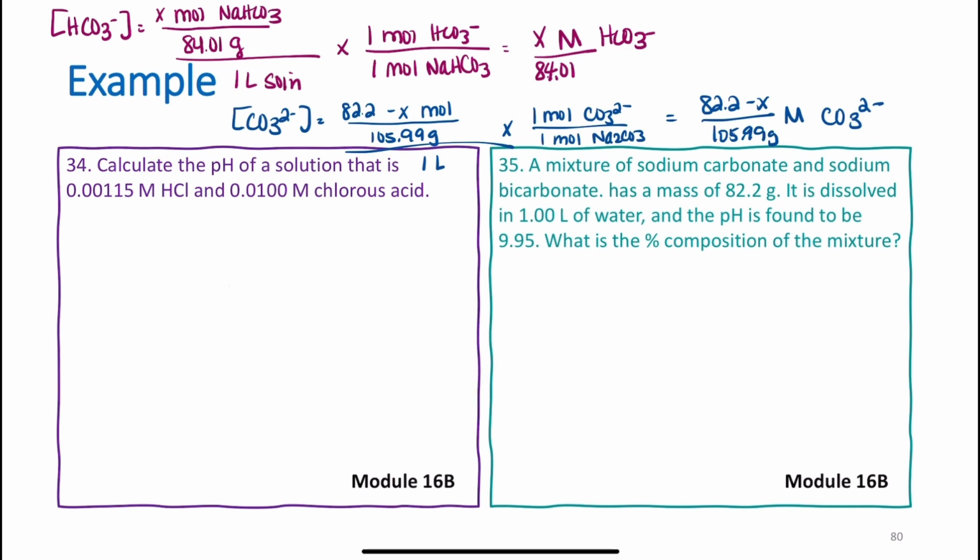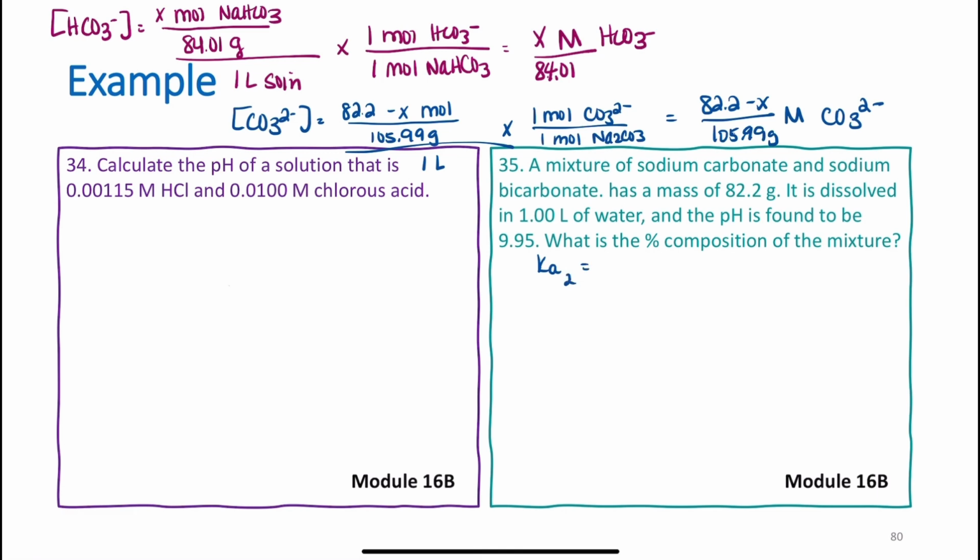Let's go ahead and get up our rice chart. I don't think I put in the extra question. I think it was in the original question, but it gave me a Ka value for carbonate.